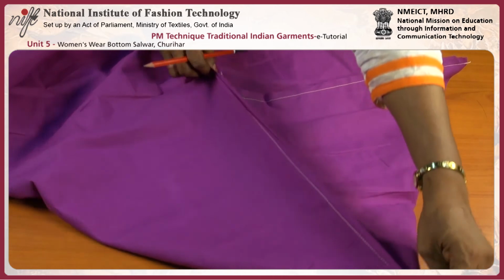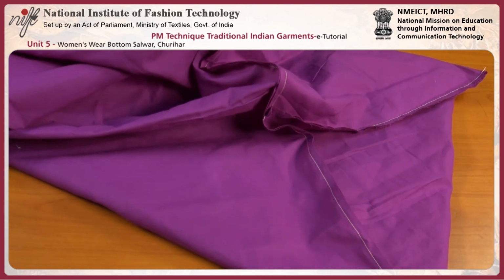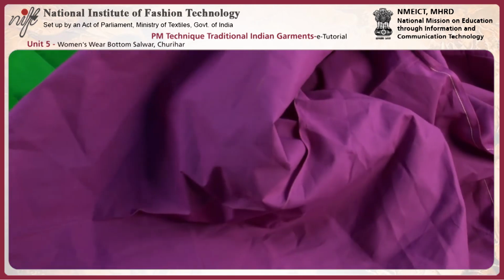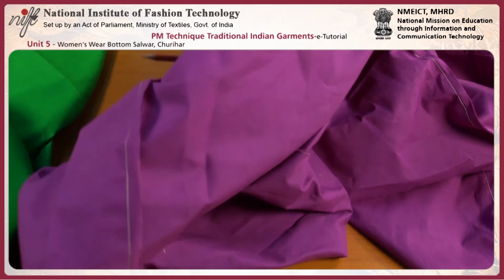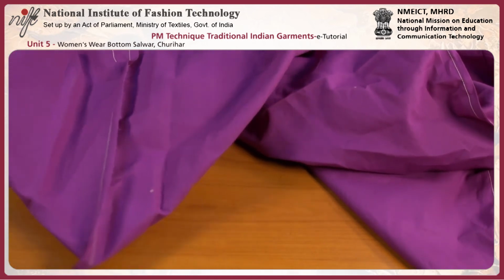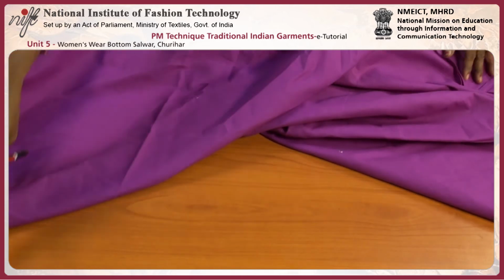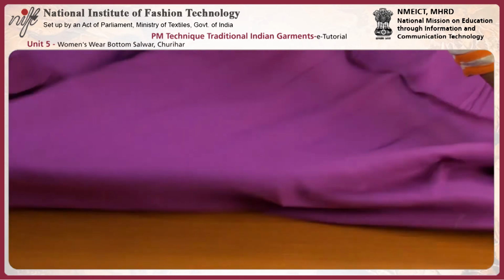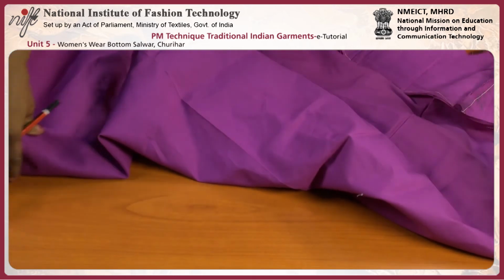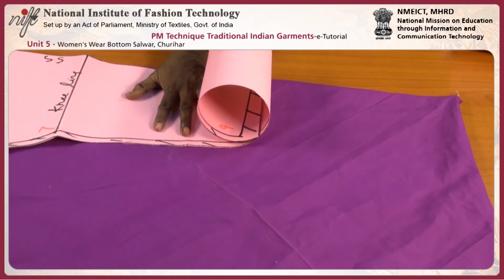Then we stitch the selvage along with the selvage to the entire length of the fabric, which is required for the length of it. So we may get now a square kind of a piece, with the crotch and hip line.